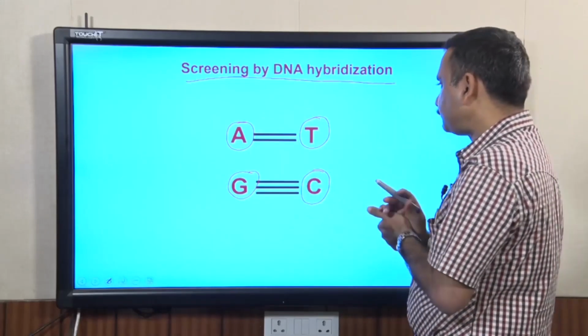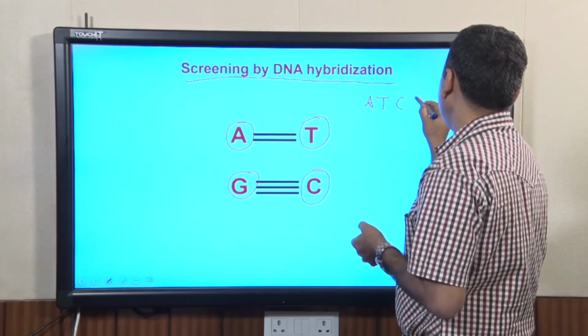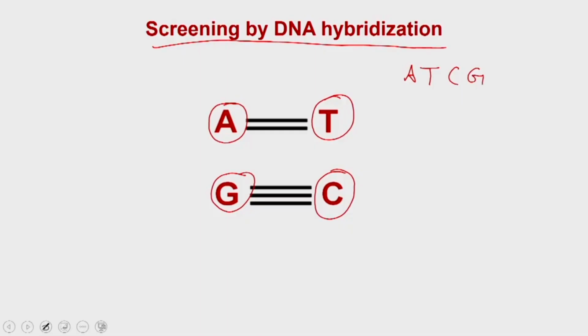or the clone. Which means, for example, if you have this as the DNA you are looking for, then for screening this molecule, or this particular gene-containing clone, what you have to do is synthesize a small stretch of DNA containing the complementary sequence, and that will let you screen.